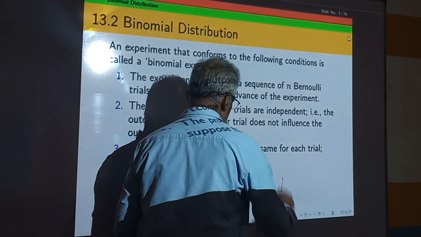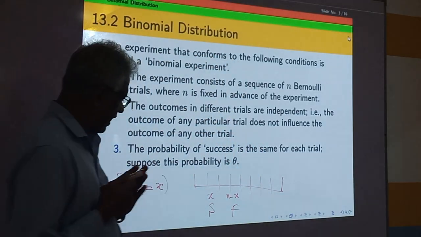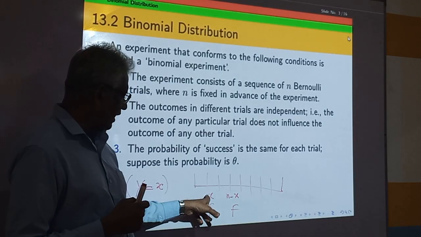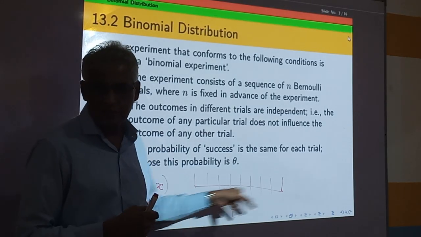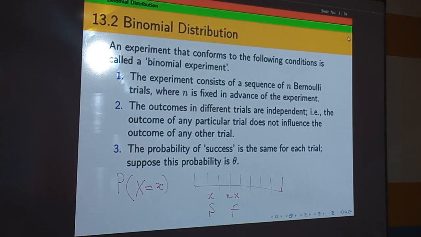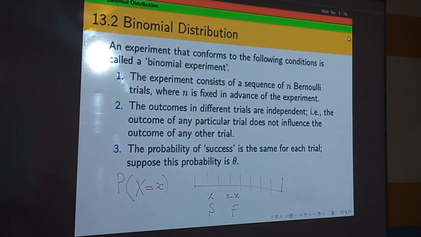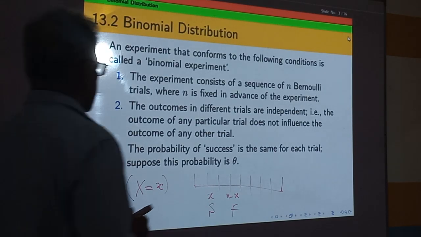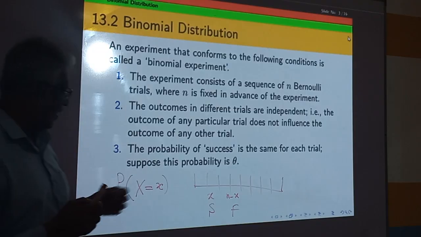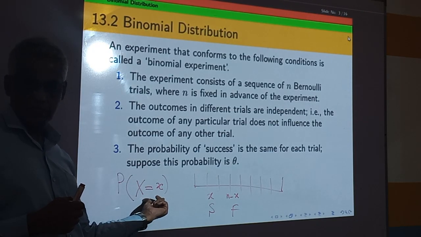There are n boxes, right? We should be looking at how many ways we can put x successes in these n boxes, and in the other boxes we have failures. That means selecting x places out of n places to put successes, which is nCx. So there are nCx ways of this event, X being equal to small x, happening.